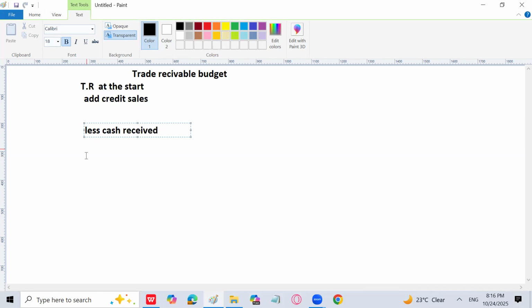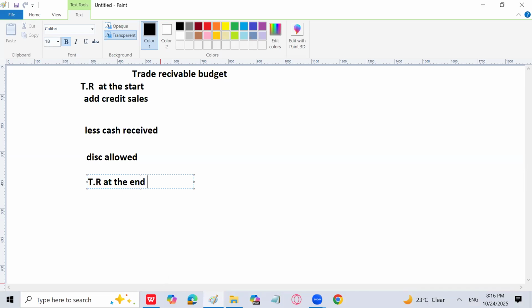Then comes discount allowed if given in the question. And after getting the total, we used to write trade receivable at the end. Yes, you can write balance brought down, you can write balance carried down, doesn't matter at all. Let's move to the question now.